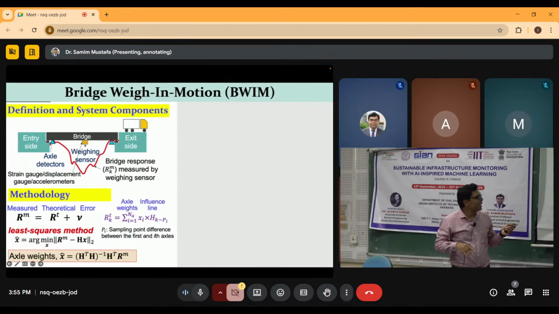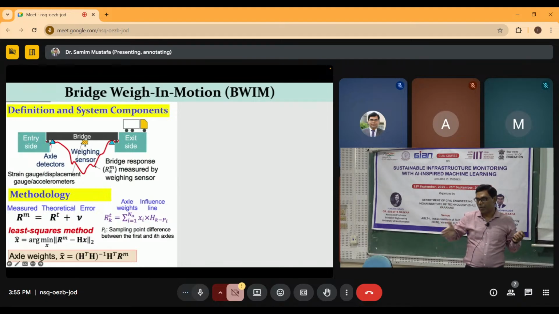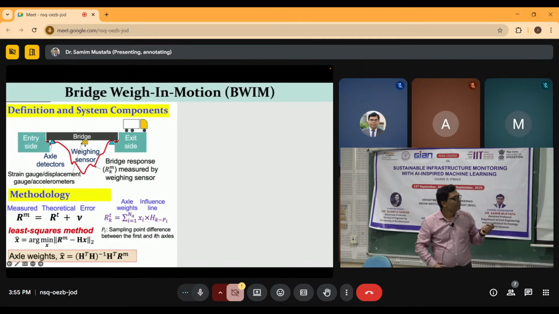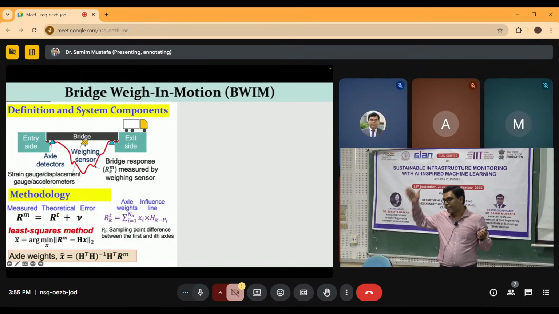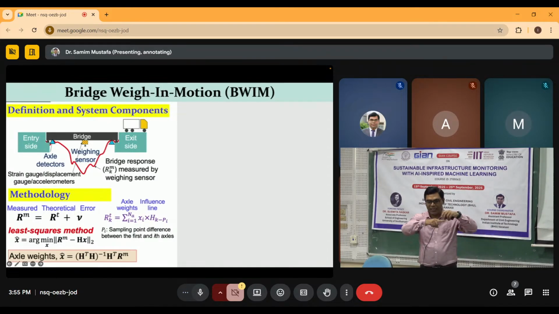For each axle there is a defined axle weight, x_i, for 1, 2, 3. You multiply this with the individual influence line, which is basically the same for each axle. The problem is that the first axle is moving, then the second axle is entering, then the third axle is entering.